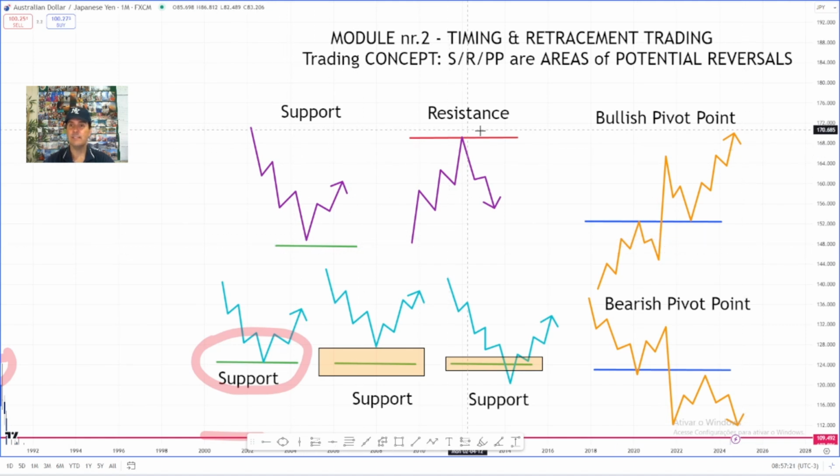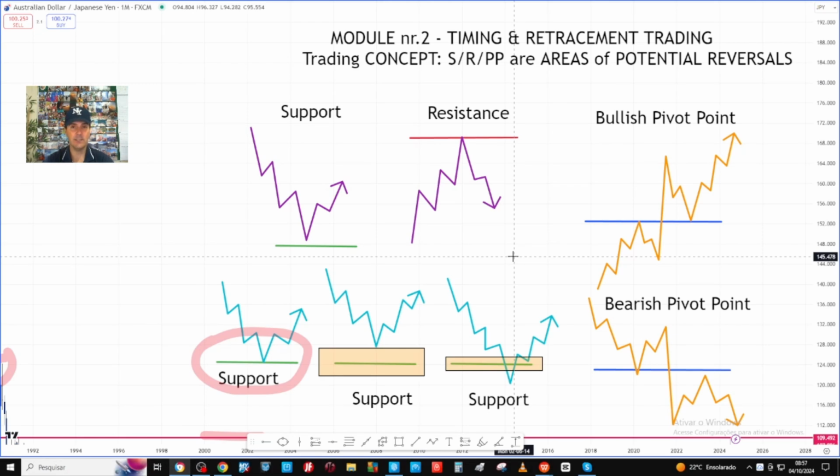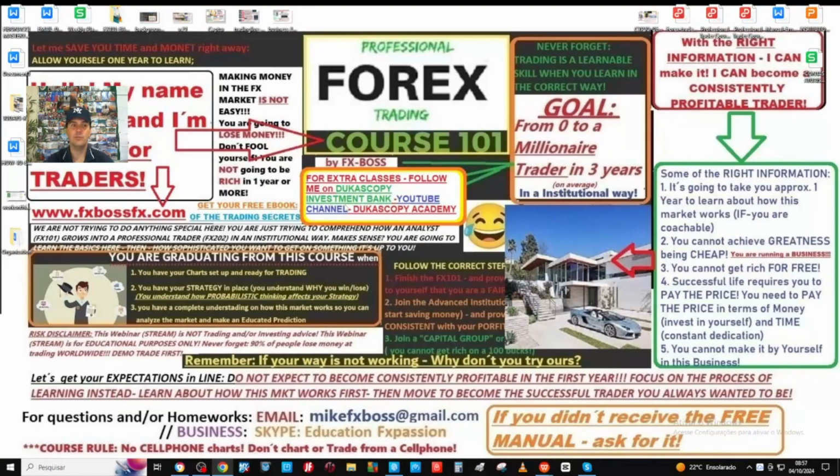So support, resistance, pivot points. Now before we go into trading, we need to build our charts. Never forget, you are going to graduate from this course when, number one, you have your chart set up and ready for trading. We're going to do this right now. By the way, we just covered number 3: you have a complete understanding of how this market works, so you can analyze the market and make an educated prediction.